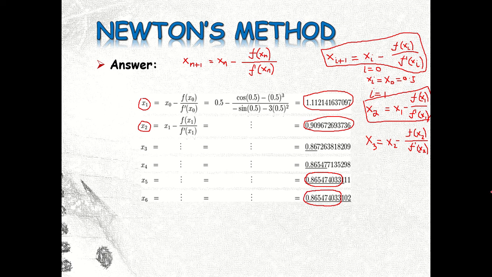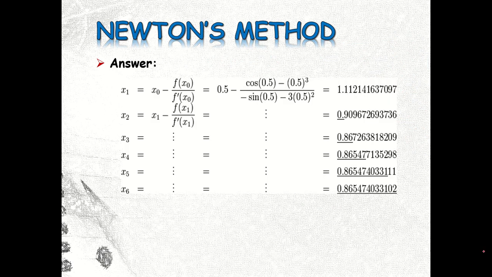And the error that is being mentioned, I think it already covers this. The error here is the difference between these two values. So the error is very, very small, 0.000000 something. Okay, so you may stop your iteration.